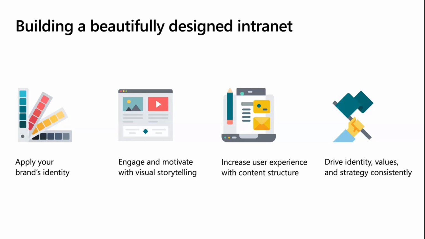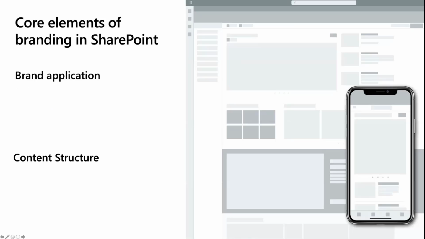First, we're going to talk about applying your brand's identity. Then we're going to talk about engaging and motivating with visual storytelling, how to increase your user experience with content structure, and to drive that identity, value, and strategy consistently across your sites. So as we go into this, we're going to talk about the core elements in branding SharePoint, the first of these being logos.